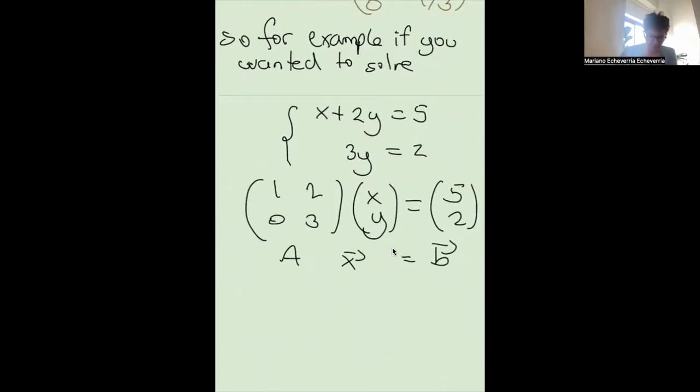So what I'm saying is that the solution has to be x equals A inverse b. That's essentially what I just said.